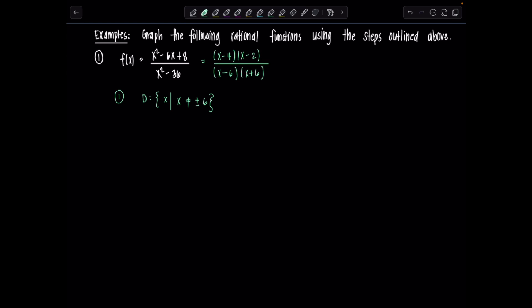If you were to write it in interval notation, it's not as succinct, but we could. How do you say all real numbers except plus or minus 6? You would go negative infinity to negative 6, union negative 6 to 6, union 6 to infinity, with parentheses on all of these negative 6s and positive 6s, because we're skipping over them.